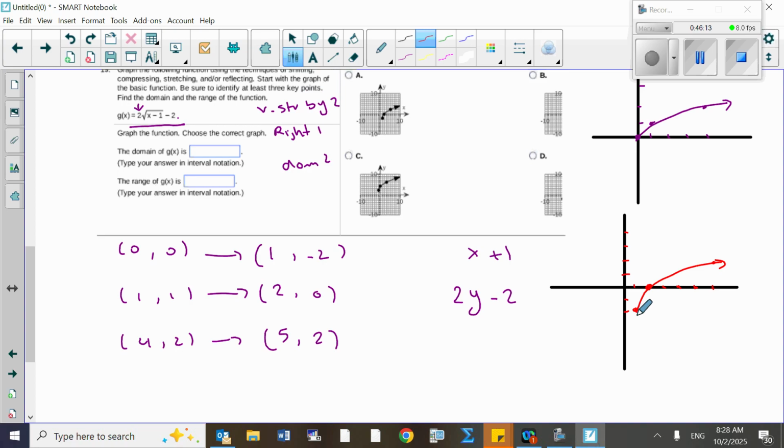And here I have a closed circle because it was closed here as well. So this is my graph. Now, what is the domain of the function? The domain starts from 1 to infinity, left to right, and the range from bottom to top is from negative 2 to infinity, and a bracket here.